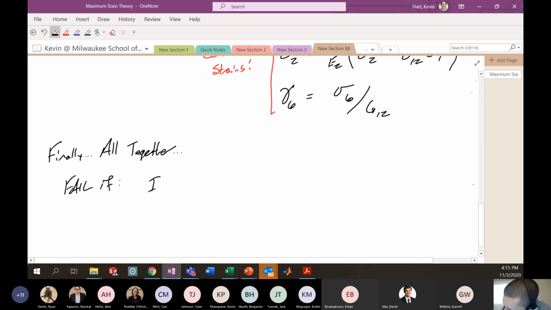So if epsilon 1 is greater than 0, so we have some positive strain in the one direction, then we fail if sigma 1 minus nu 1, 2 sigma 2 is greater than F1T.